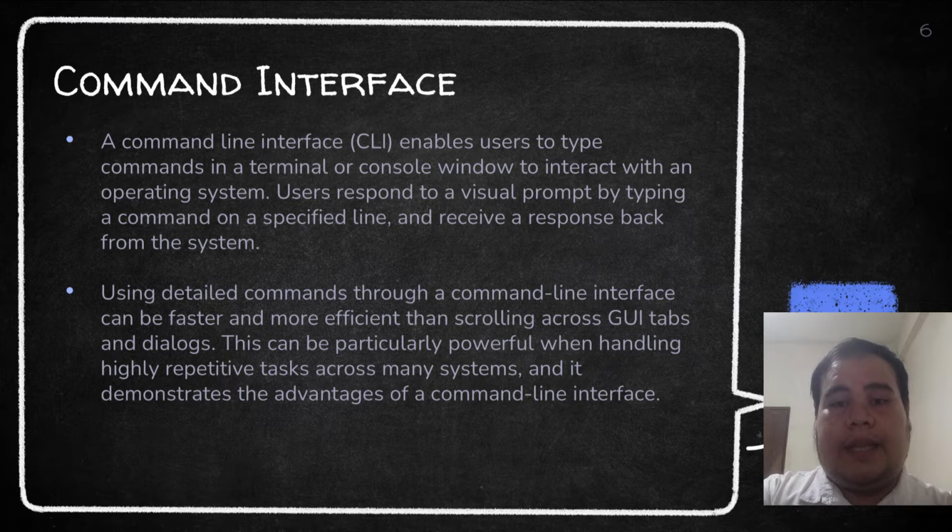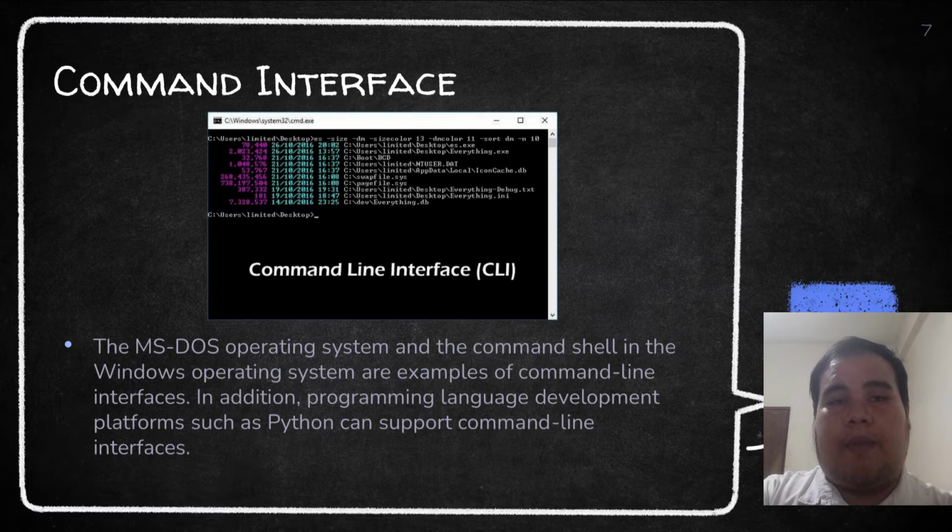There are many different types of command line interfaces, but the two most popular ones are DOS for Windows and the Bash shell for Linux and OS X. Each command line interface uses its own command syntax, but they all function in a similar way.